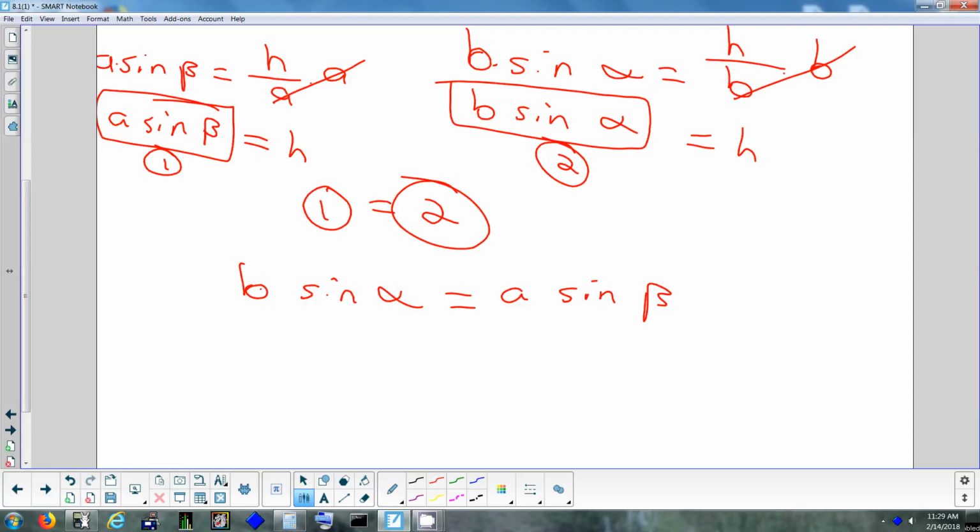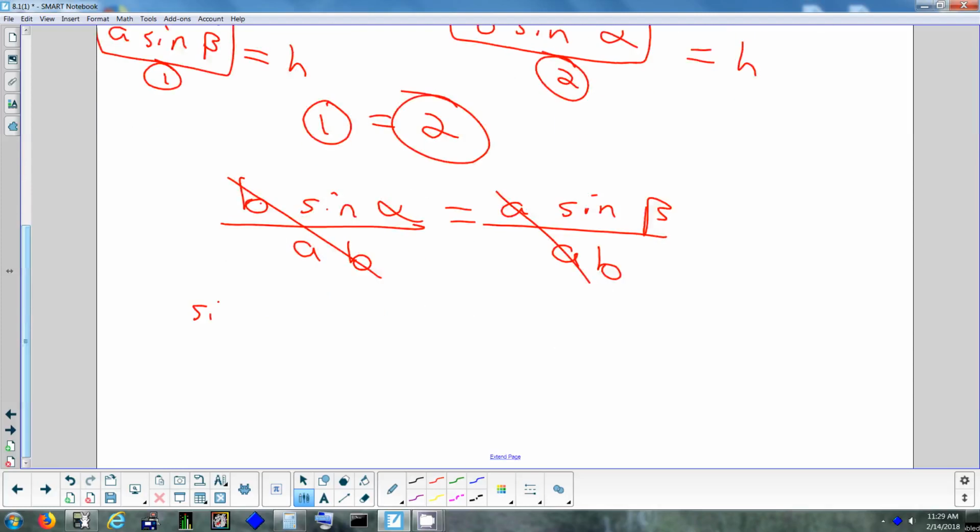So how would I get rid of that B? Divide each side by B. And they usually put the A on the other side. So how would I get rid of the A? Divide that. And what you have left is the law of sines. Sine of alpha divided by A equals the sine of beta divided by B.